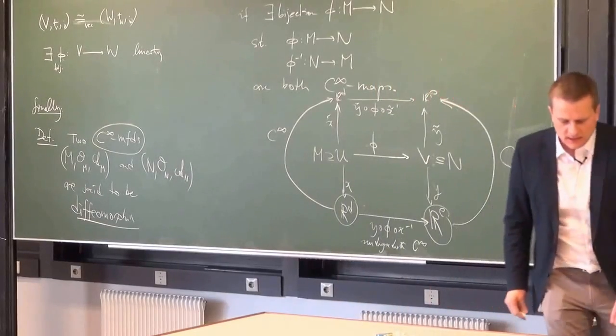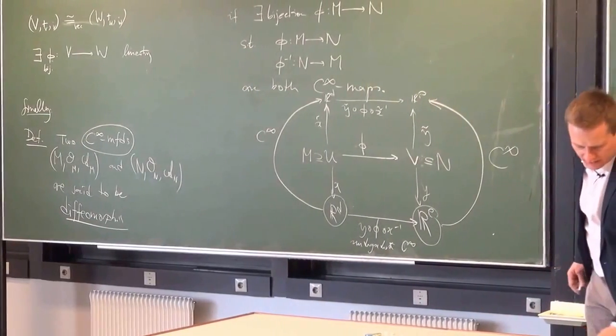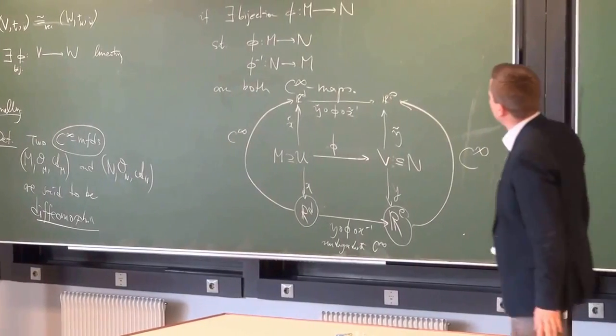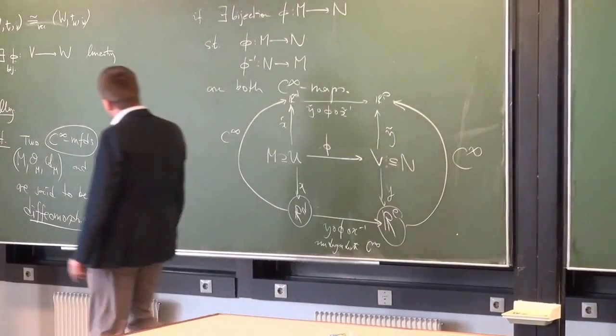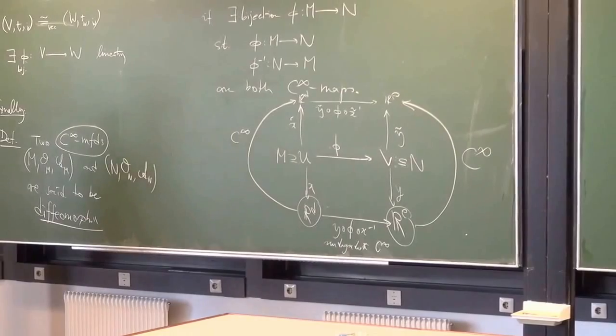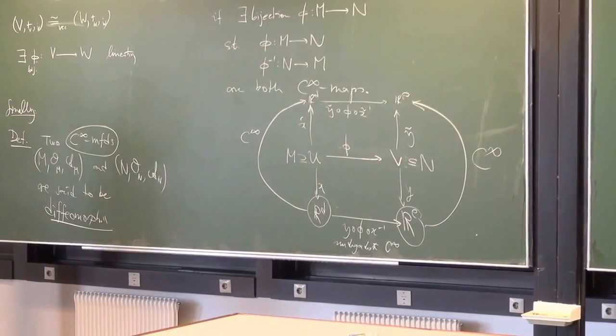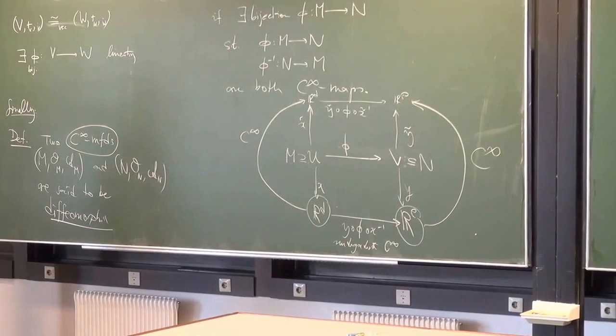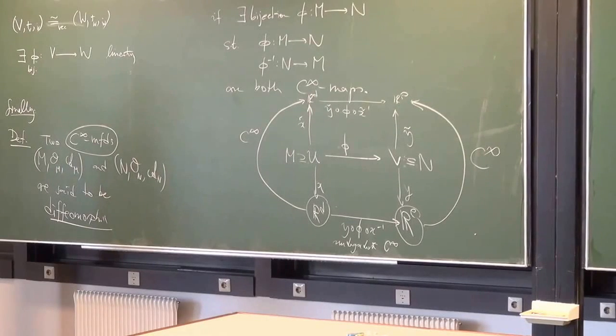So, why do I bother about diffeomorphisms? Well, if you look at a manifold and you look so closely that it doesn't escape you that it's a C infinity manifold, I mean, certainly it's still a topological manifold, but it's a C infinity manifold. The question is, can you distinguish two C infinity manifolds using only that structure?